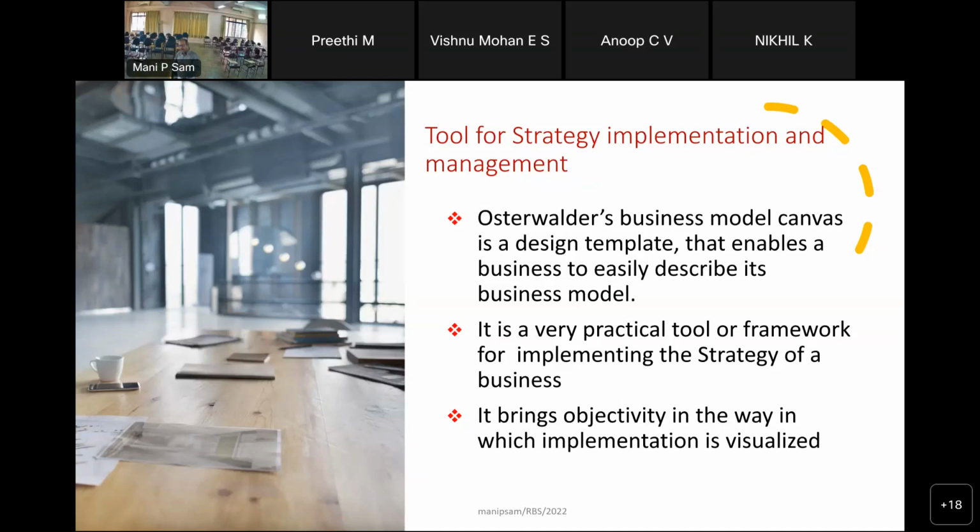Since it's a very practical tool, it allows everybody to use this to analyze even an existing business and look at it and see the lacunae, if any, and modify it, or look at the changes in the environment and decide on where the correction or improvement needs to be implemented.